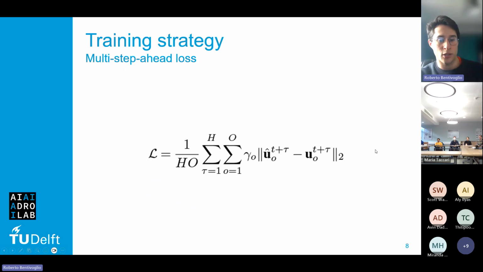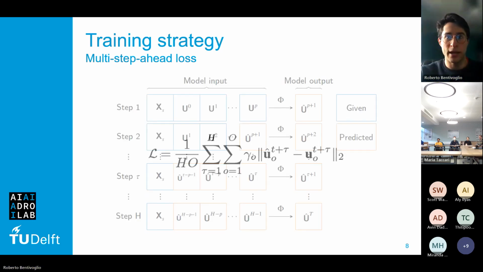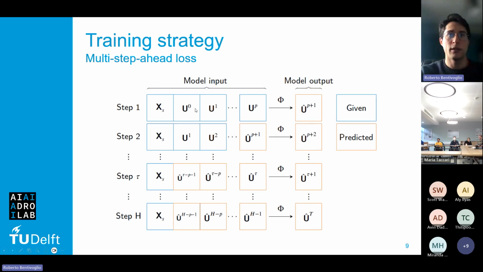So not doing the loss only from time step t to t plus 1, but also including t plus 1 to t plus 2, and so on. And it will look something like this. So at the first iteration, we're starting with some known inputs, and we're predicting the evolution at time t plus 1, in this case.